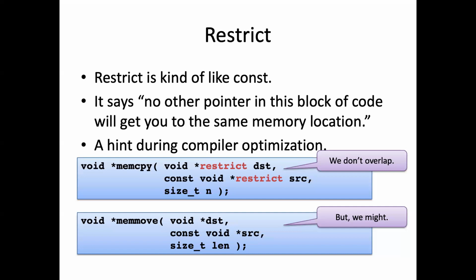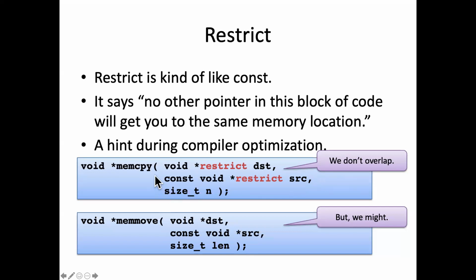And a place where this is used is these two functions that we've already talked about. You remember memcopy and memmove, and they do almost the same thing. They copy from a source, any pointer you want to pass in, to a destination, and you just need to say how many bytes to copy.